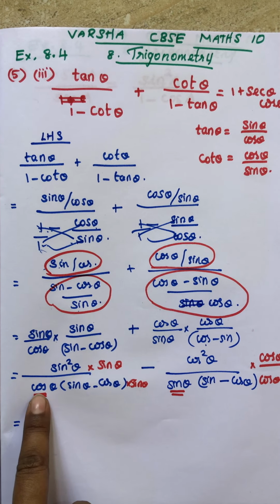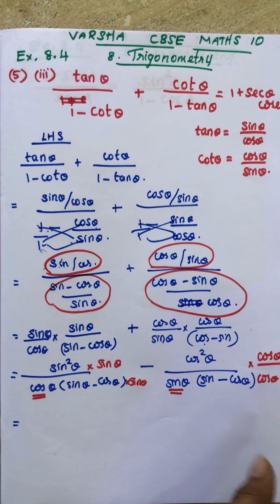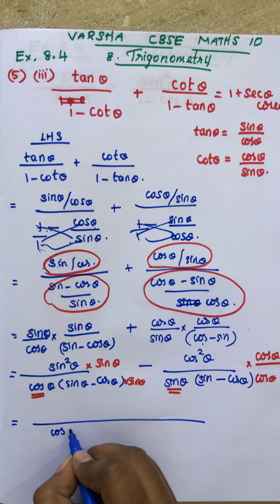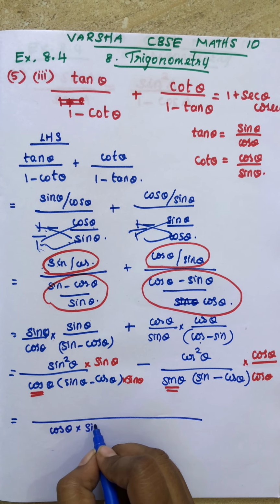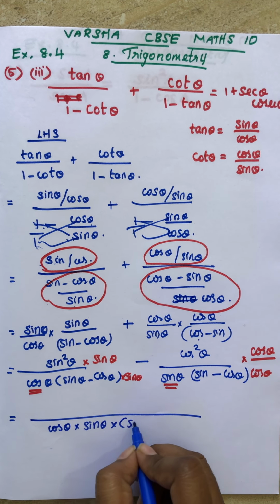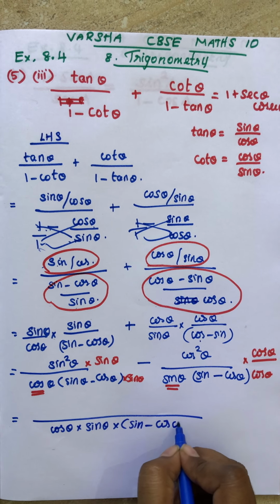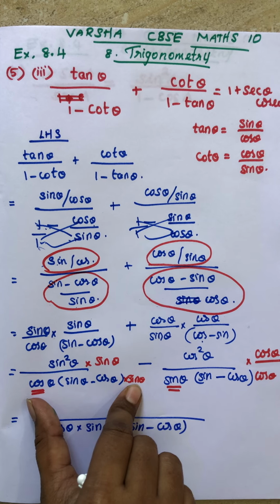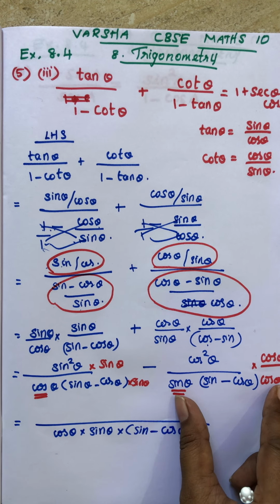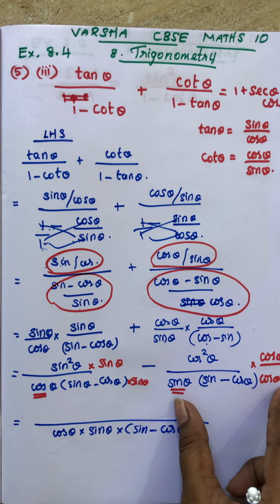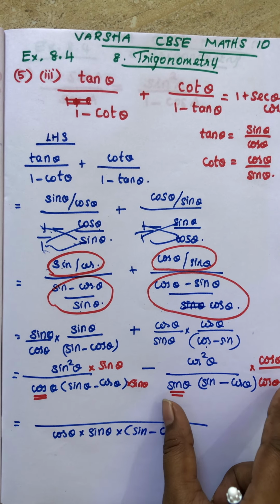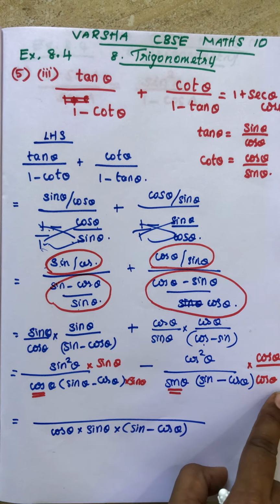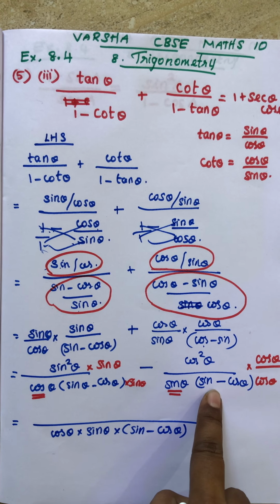So sine into cos into sine minus cos. So the whole term is sine into cos into sine into sine minus cos. Now the two denominators are equal. See, this term and this term are equal by taking LCM. That's why we are taking LCM. Okay. So now this is sine cos, sine minus cos.